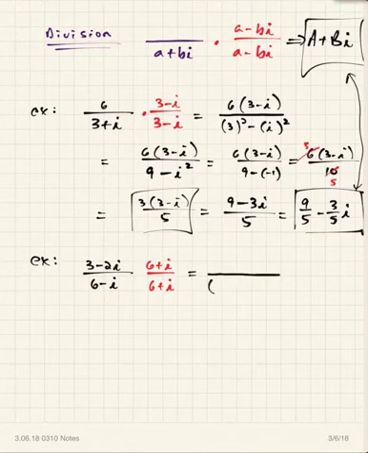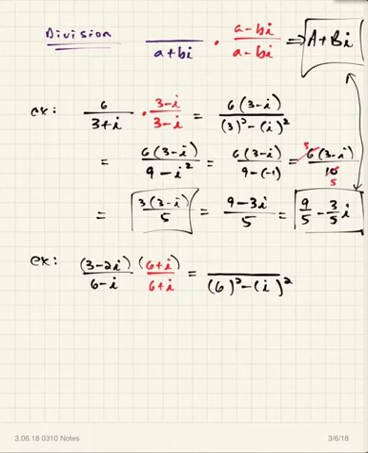In the denominator, I get a square minus a square because I'm multiplying conjugates together. You could use the FOIL method if you wanted to, but remember, this is just a shortcut for the FOIL method. And so you have 6 squared minus i squared. In the numerator, you really have no choice here but to use the FOIL method to multiply this out.